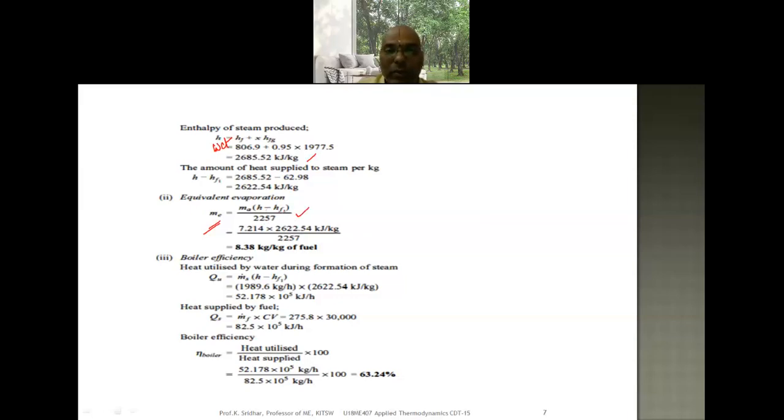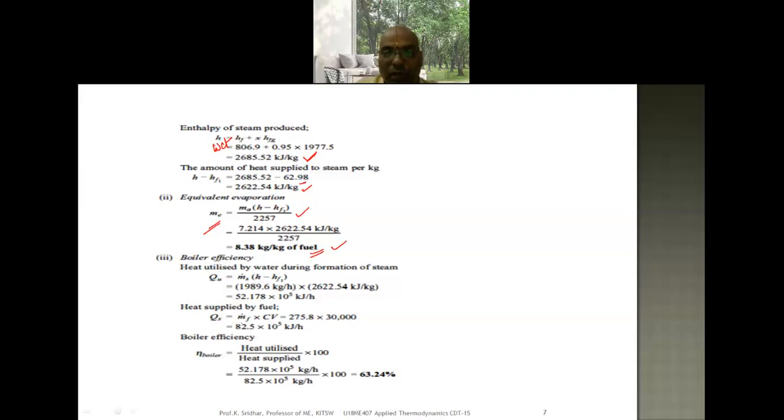First you calculate h minus hf. H is calculated from this and hf from the steam tables, which is 62.98 at the given temperature. The difference h minus hf gives 2622.54 kilojoules per kg, and ma we already found, so substituting here we have 8.38 kg per kg of the fuel.